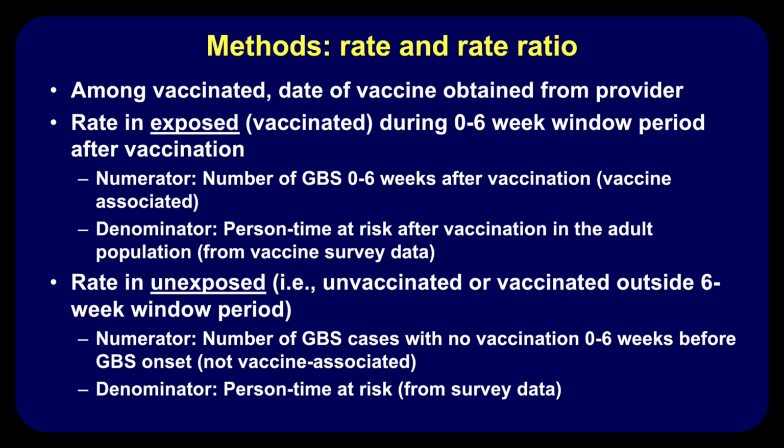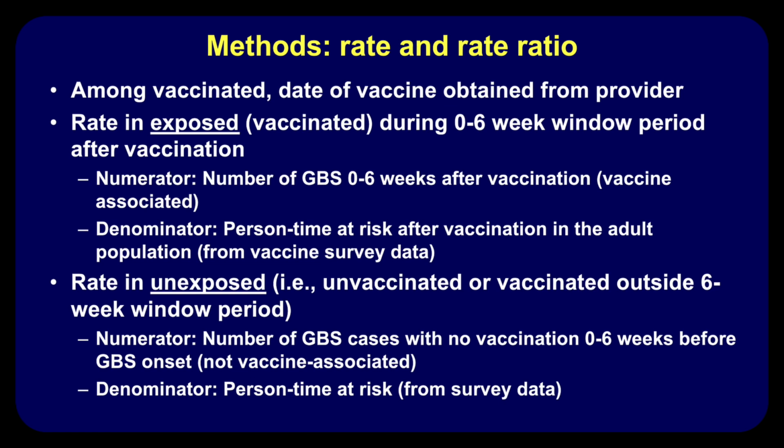So we calculated rates of Guillain-Barré syndrome by exposure status and a rate ratio. Among the vaccinated people, the date of vaccination was obtained from the provider, which I mentioned, and the rate in the exposed or vaccinated people during the 6-week window after vaccination was the number of Guillain-Barré syndrome cases divided by the person time at risk after vaccination in the adult population in each state, which we used the survey data to calculate.